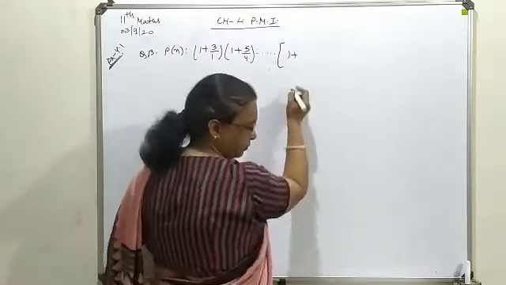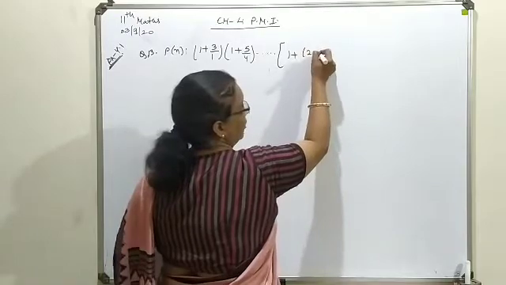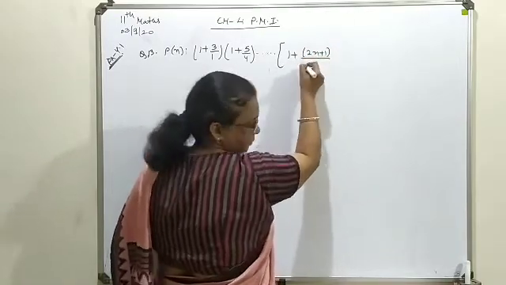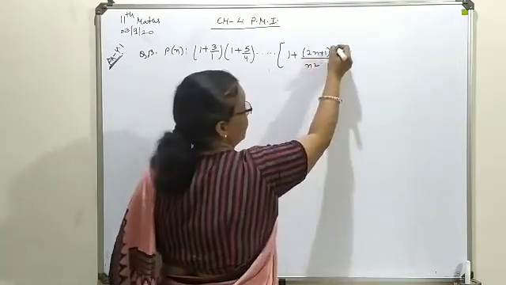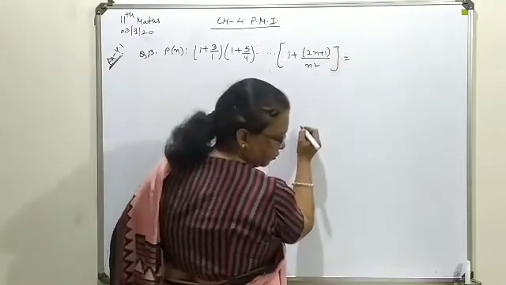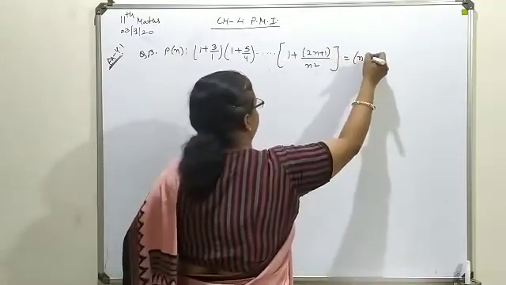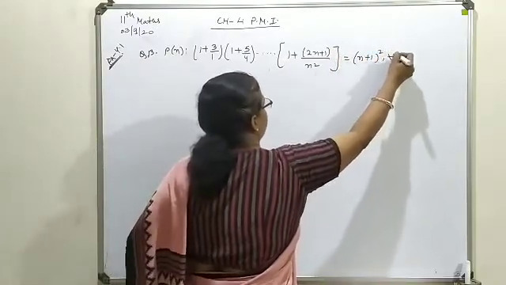As the nth term, it is (2n plus 1 upon n square), and finally it is to be proved as (n plus 1) whole square.